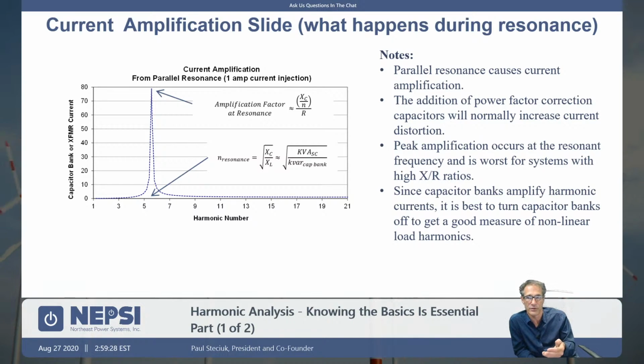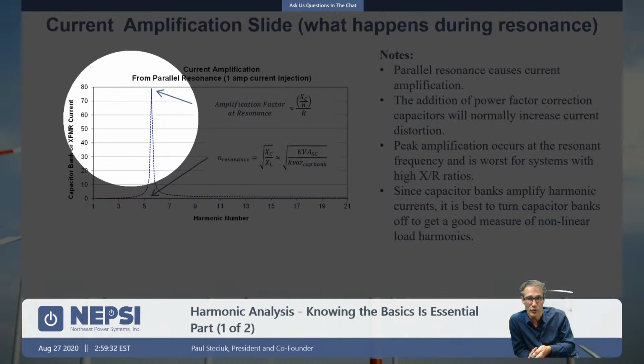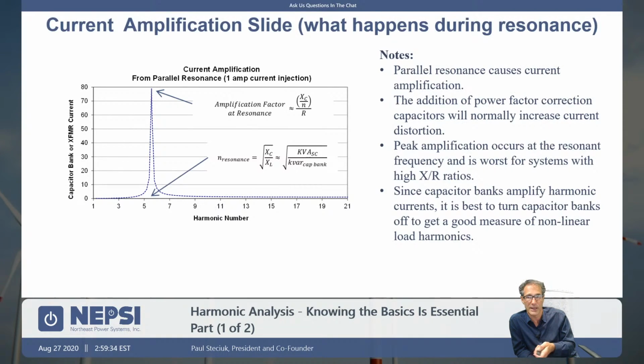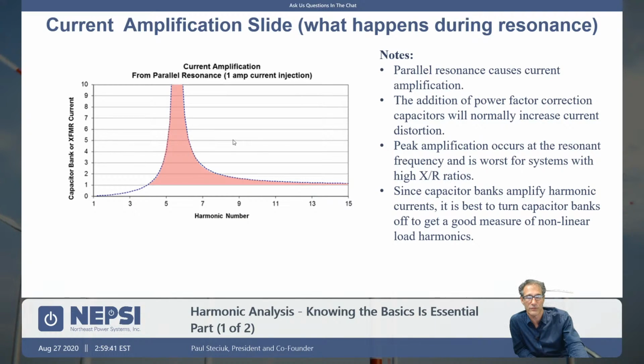We size the fuses at roughly 2 per unit of the capacitor current. Here you can see that we're multiplying our harmonic current by 80, so it's very reasonable that you're going to get to a point where you're going to operate your capacitor fuses. So almost in all cases, from somewhere below the tuning point or the resonant point of the system, all the way up to higher frequencies, I have current amplification. And this is key here.